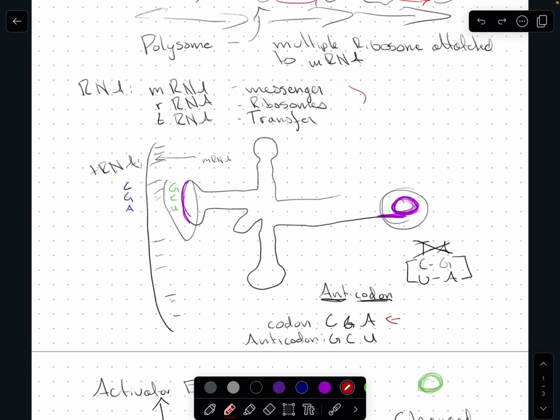Make sure you're familiar with these three different purposes or functions of RNA that we've looked at so far. We have our mRNA, our rRNA, and our tRNA. mRNA is our messenger, rRNA is used to make ribosomes, and our tRNA is used to transfer and translate amino acids to our ribosomes.